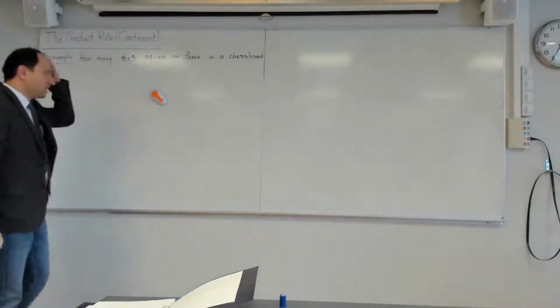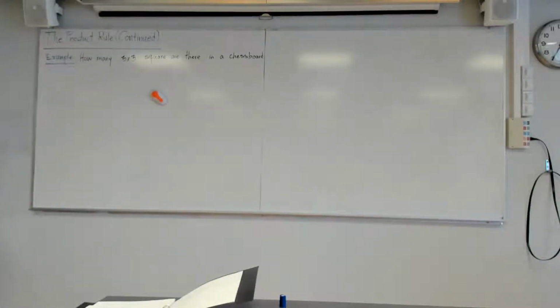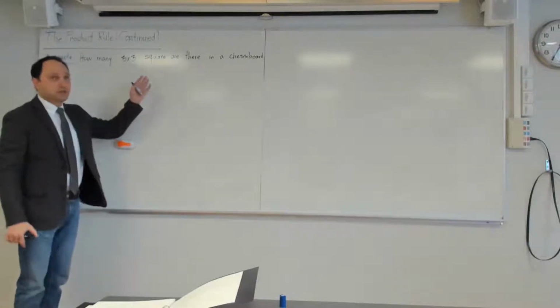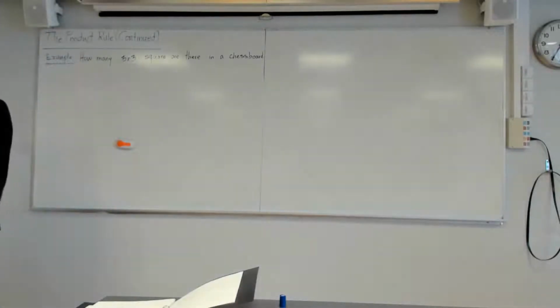I think they call it a checkerboard or something. Anyway, a chessboard is 8 by 8, including black and white small squares. And now we want to count how many 3 by 3 squares there are. So start thinking a little bit about that.